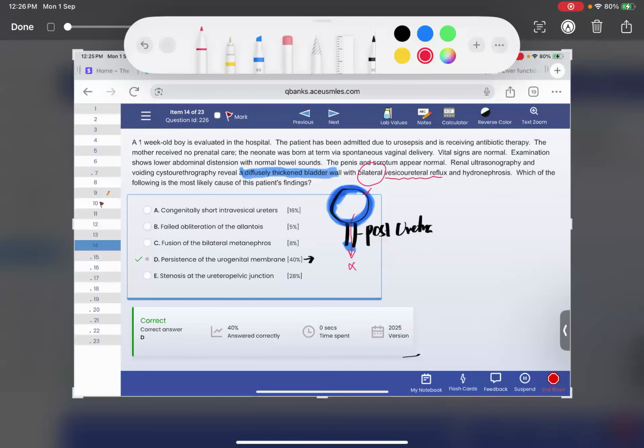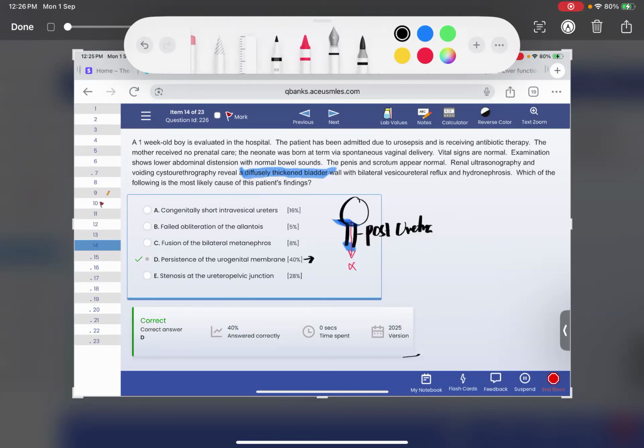So see, why will we have vesicoureteral reflux, and bilateral? We have two ureters over here, right? I'm very poor at drawing, so sorry. So it is causing bilateral vesicoureteral reflux.